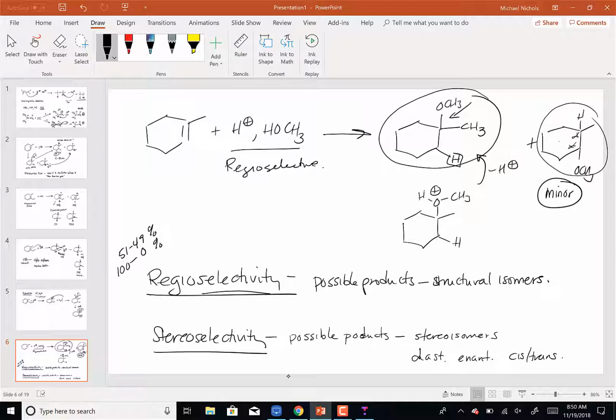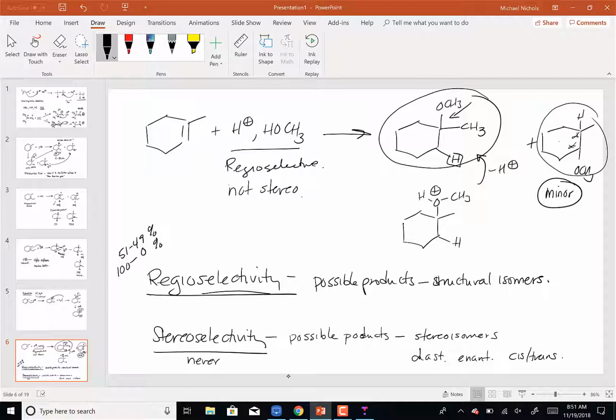But is it selecting one of those two diastereomers, the cis or the trans? No, it's making it 50-50. So this reaction would be regioselective, but not stereoselective. So it is regio but not stereo.